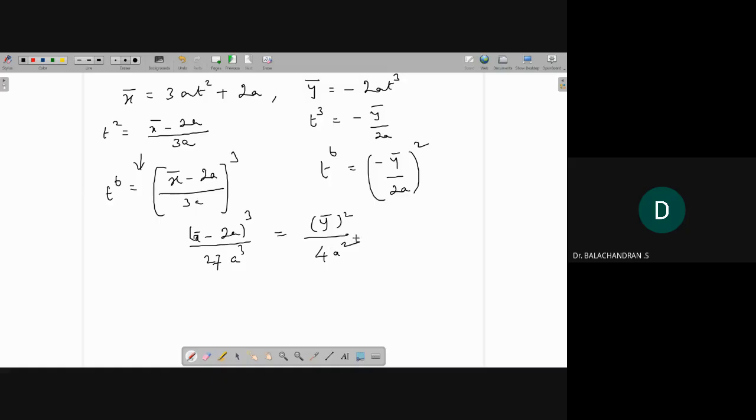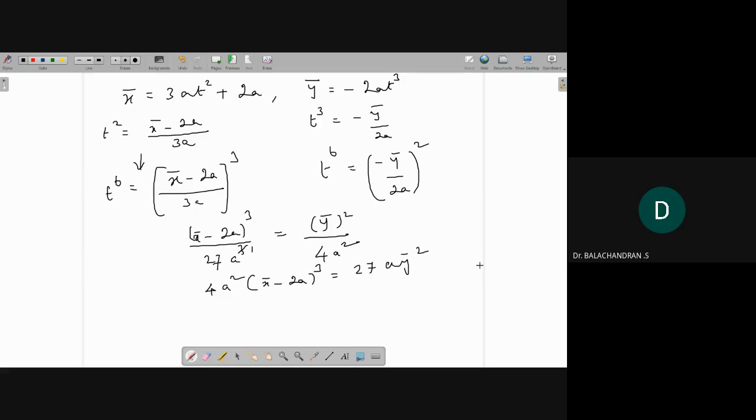You can cancel a square with a cube, so then a power 1. So 4a square into x bar minus 2a whole cube equal to 27 a into y bar square.